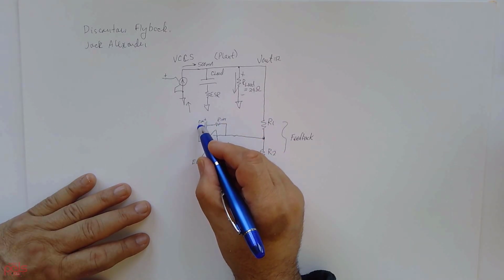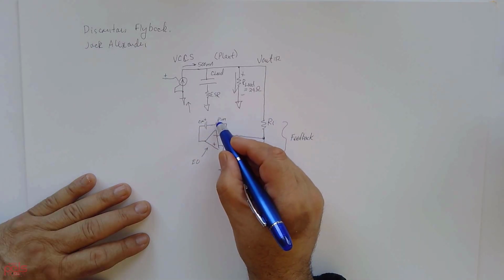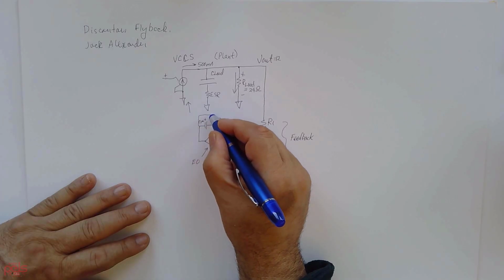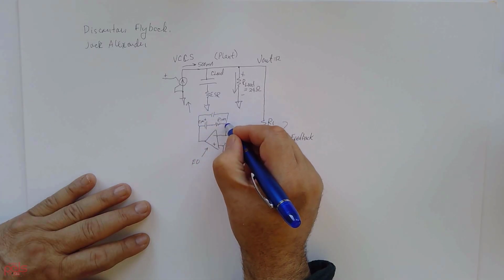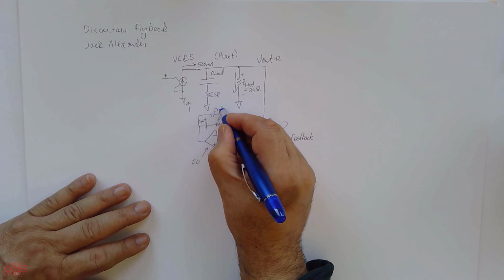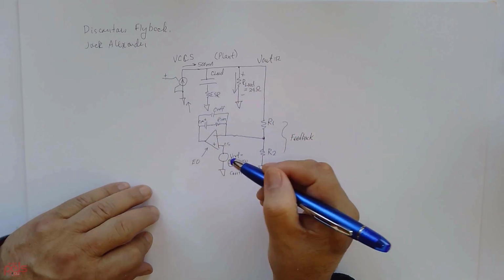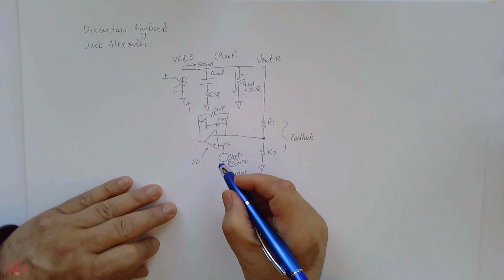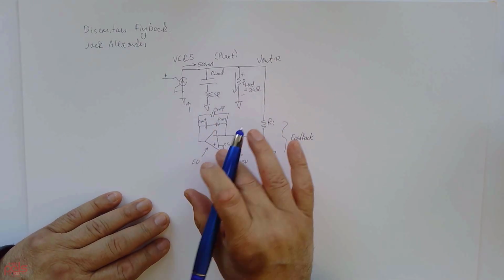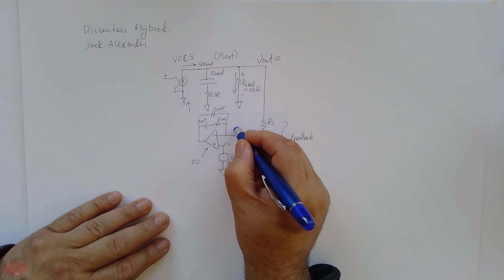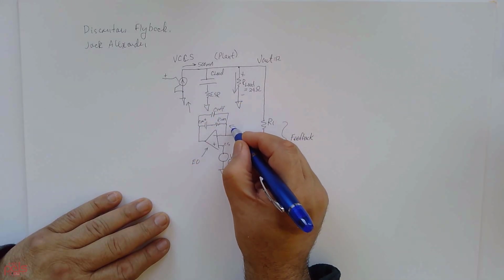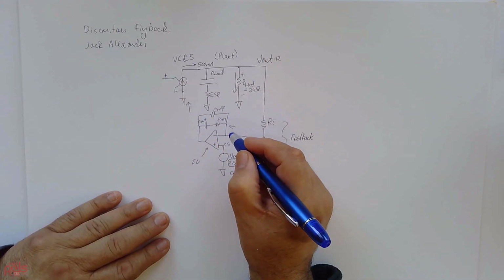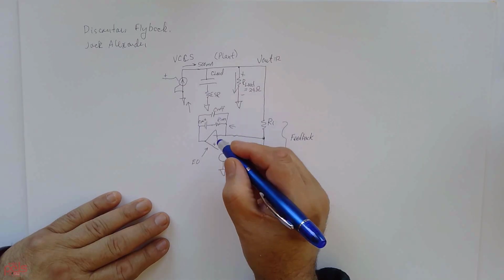It's the integrator cap, C integrator, R integrator. And they'll have another cap, C roll off, also known as the high frequency roll off. These three components, the C roll off, C integrator, and R integrator, are what set your control loop.